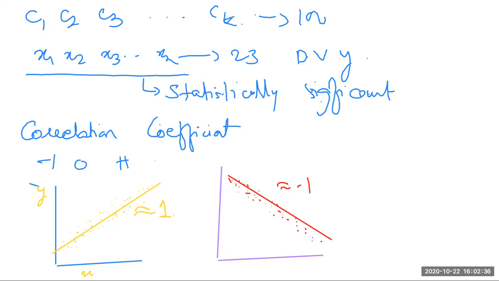And on the other hand, if you have a spread of the points that is very random, with no trend observed, then the correlation generally tends towards 0. So +1, -1, and 0.